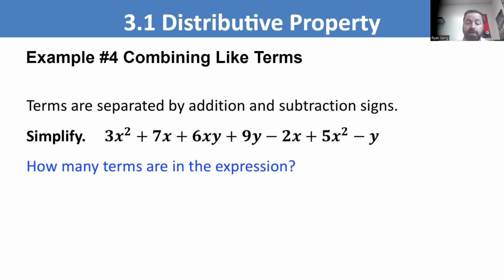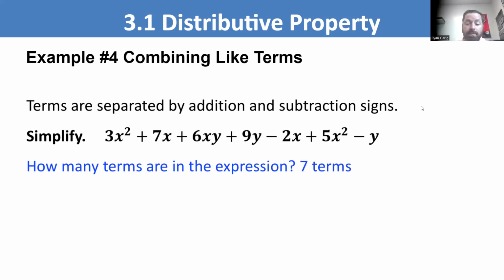Now, how many terms, first of all, are in this expression? Well, if I count 1, there's a plus, 2, another plus, 3, another plus, 4, minus, there's 5, plus, there's 6, there's a minus, 7 terms. So there are 7 terms in this expression right now.